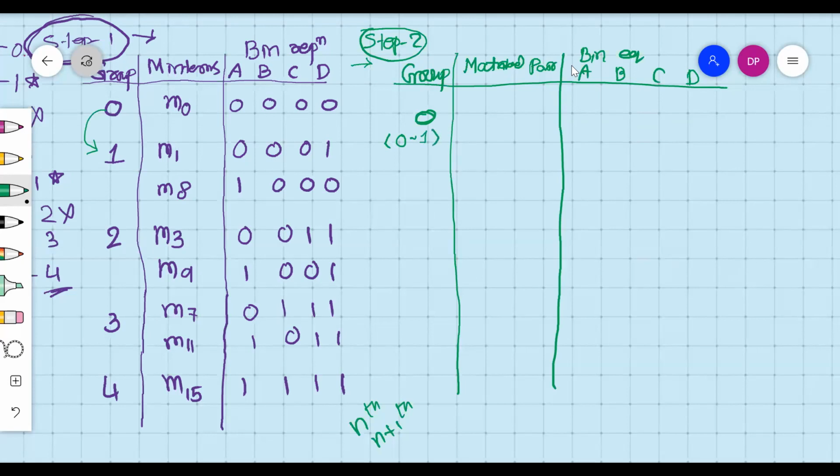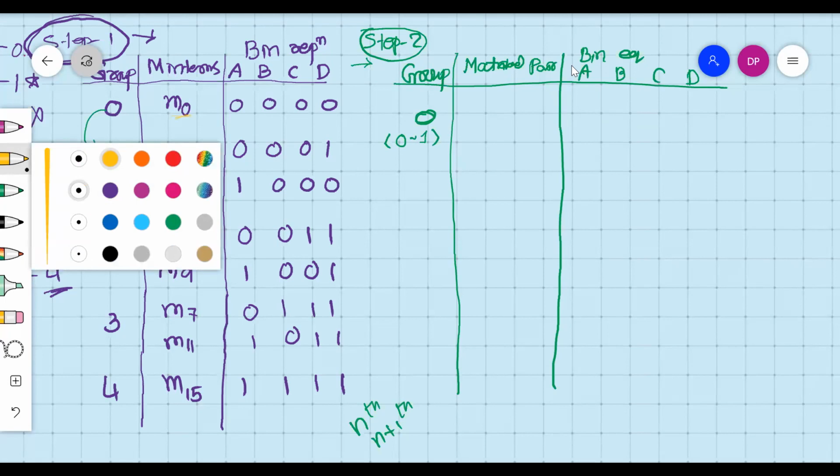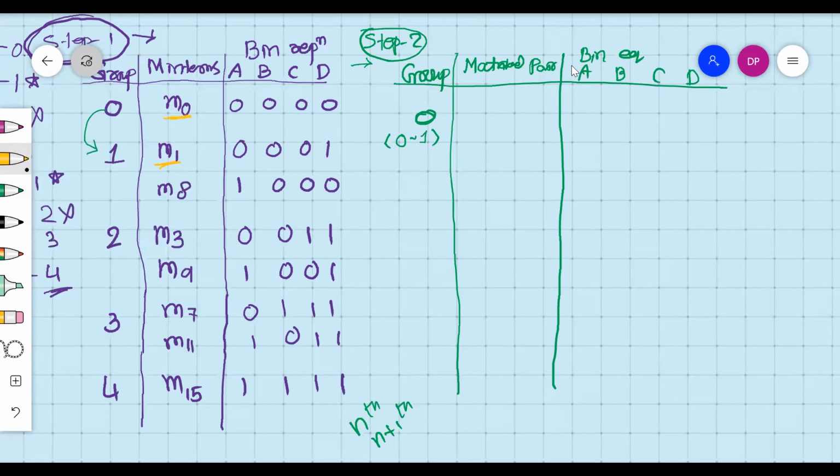Observe carefully, m0 is compared with m1, and only the last bit differs. Rest all are same, isn't it? These three are same, so we will pick that up as a matched pair. So in group 0, m0 is matching with m1.